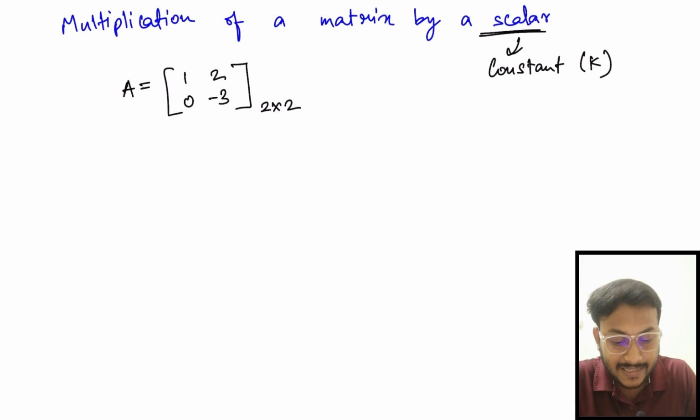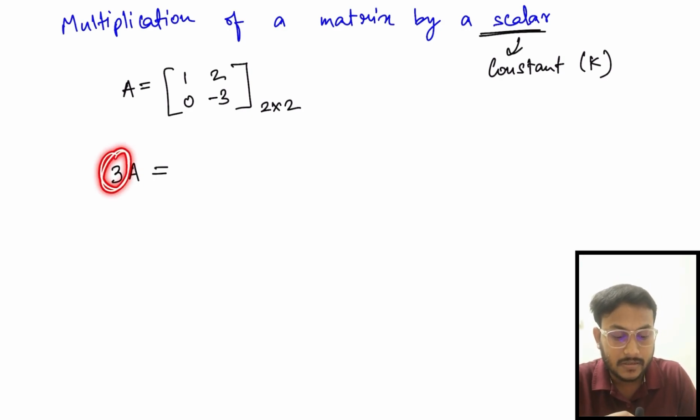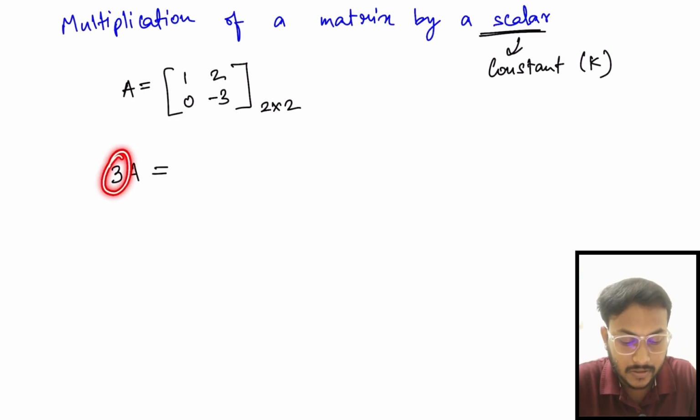Let's say the constant is 3 and the matrix is A. Now we have to find 3A. This is matrix A, and this is the constant. The constant is multiplied with the matrix A. This is a scalar.